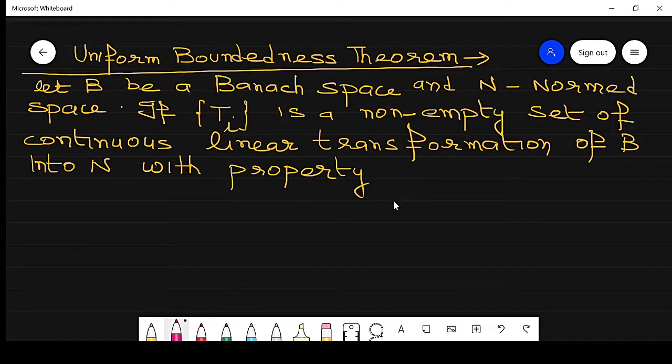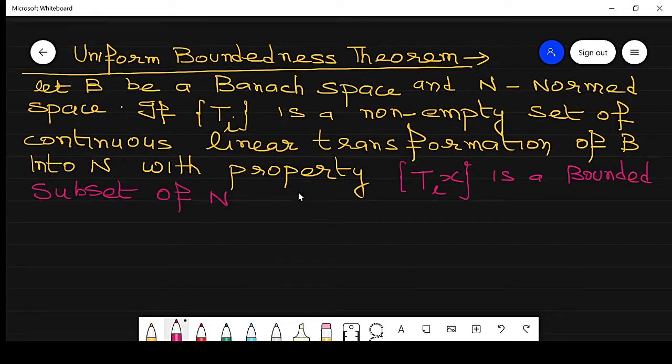That property is that the set of Tix is a bounded subset of N for every x belonging to B. With the property, Tix is a bounded set of N for each vector x in B.